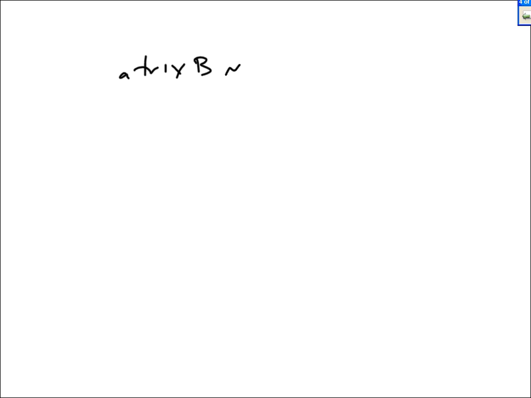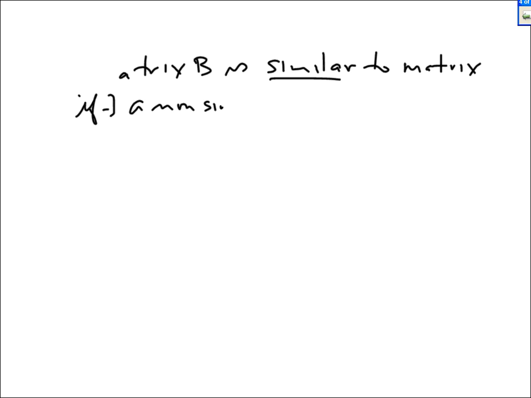Matrix B is said to be similar to matrix A if there exists a non-singular matrix P such that, if you take, it's similar to matrix A.